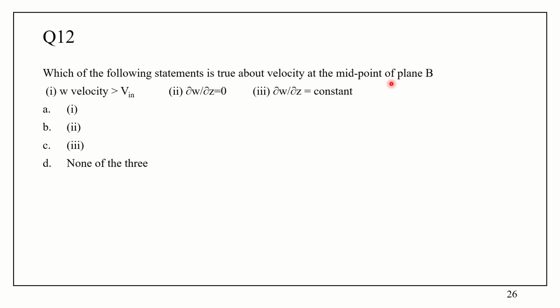The first statement is right, whereas for the second one, dou W by dou Z equal to 0, and dou W by dou Z equal to constant, we cannot say. Option A is the right answer: W velocity is greater than V inlet.